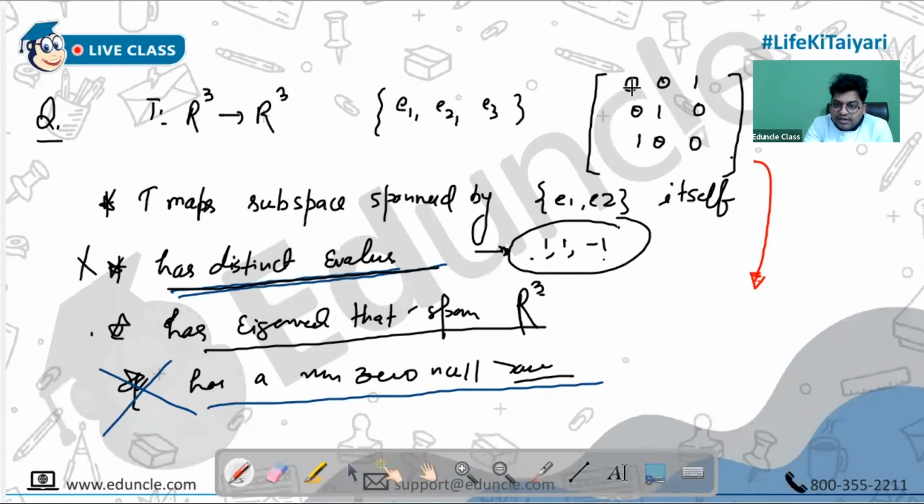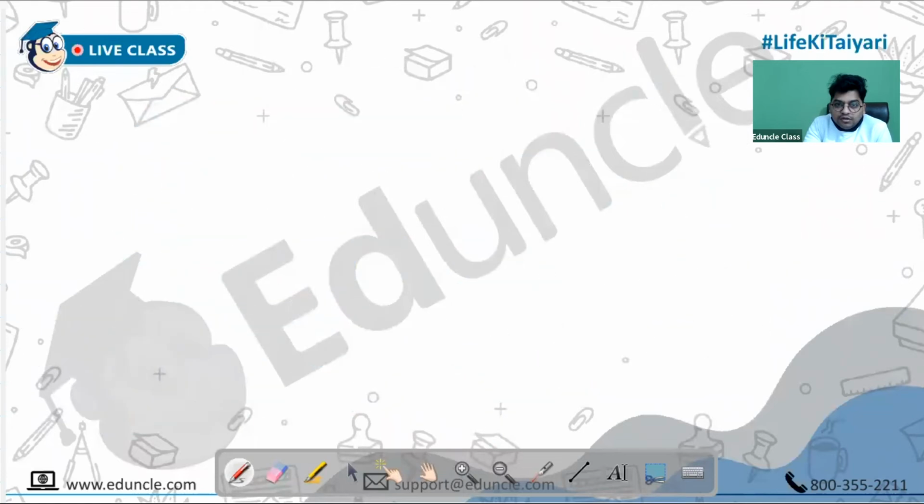So what is the eigenspace? The matrix is 0 0 1, 0 1 0, 1 0 0.